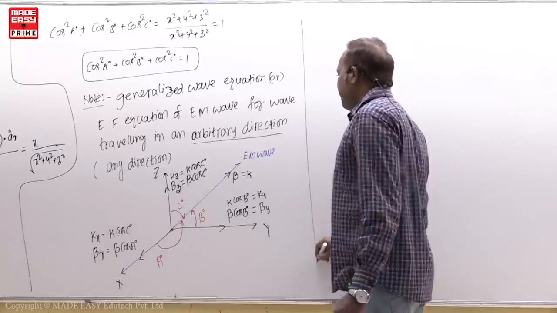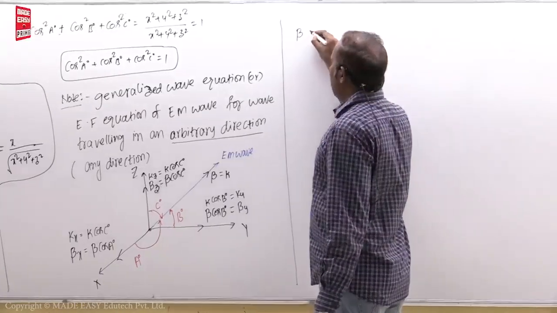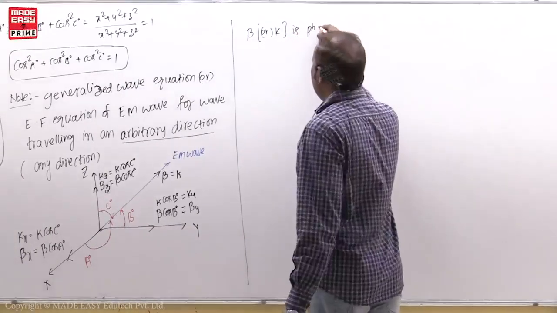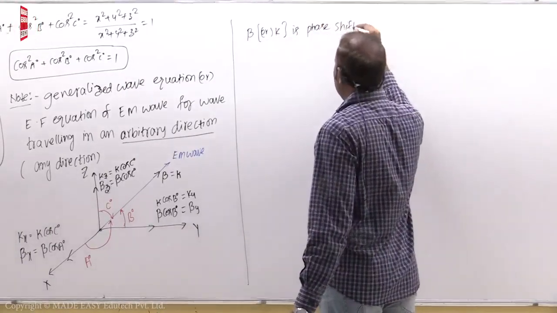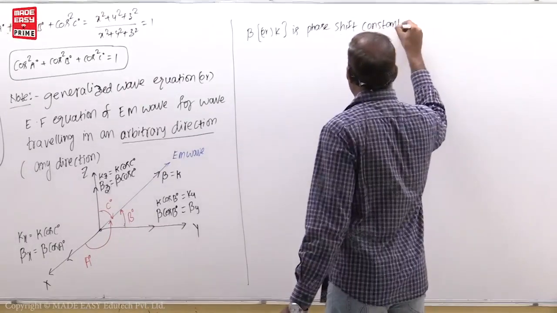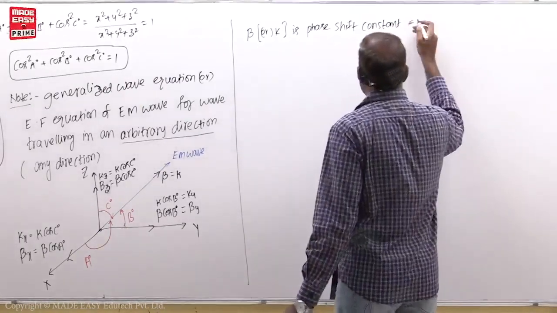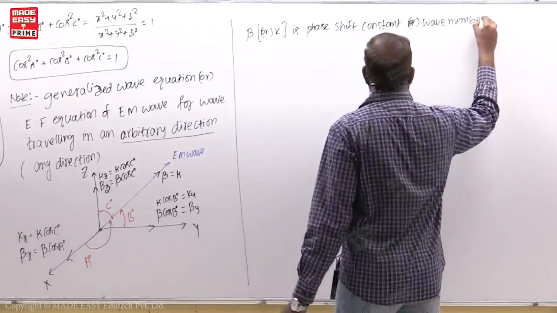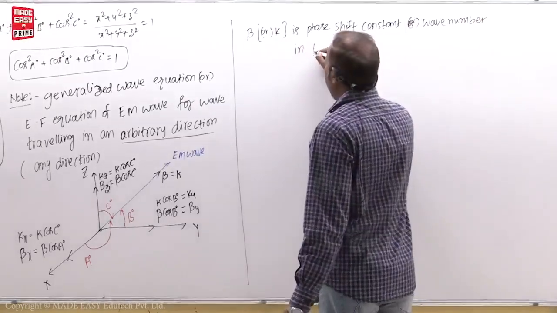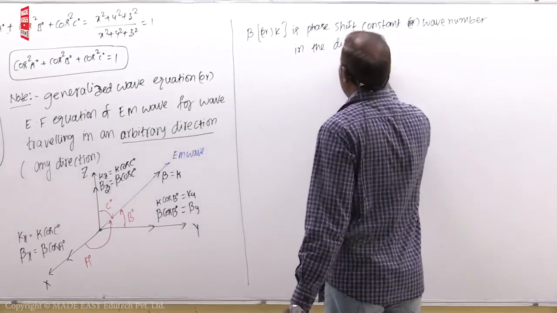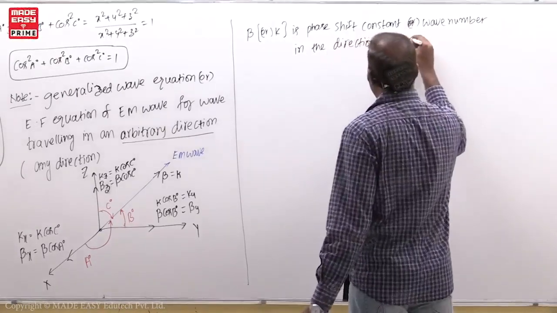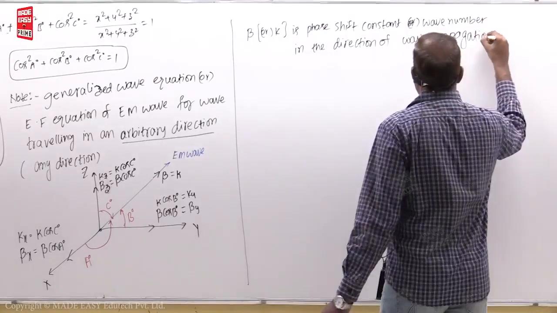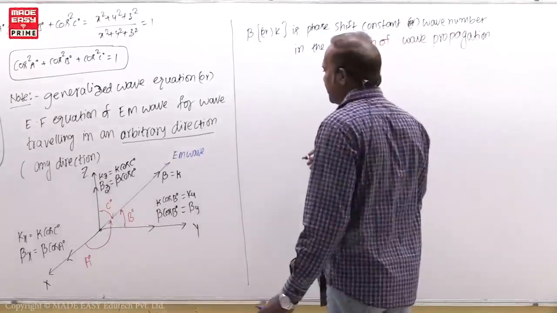So here I am writing beta, or otherwise k, is the phase shift constant, or otherwise wave number, in the direction of wave propagation.